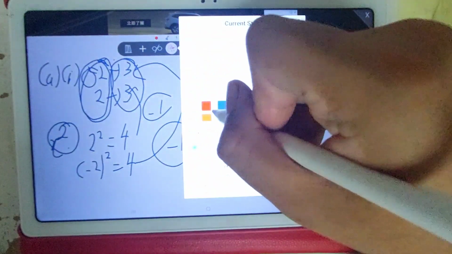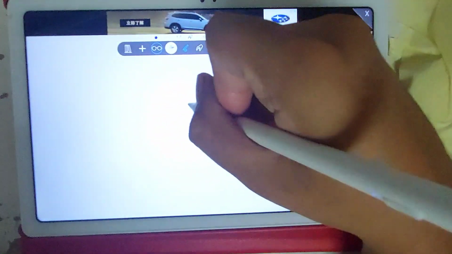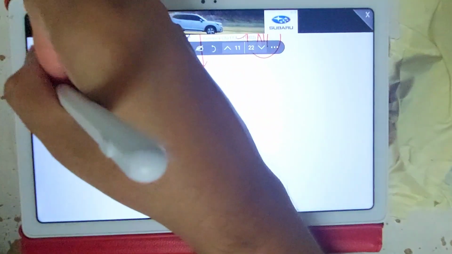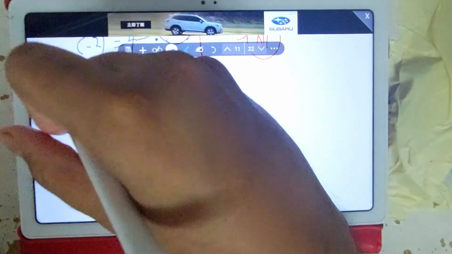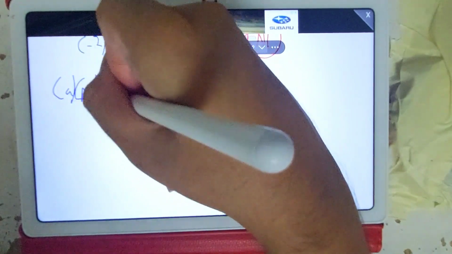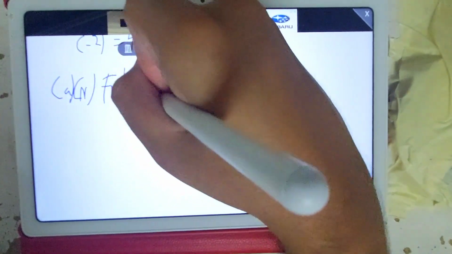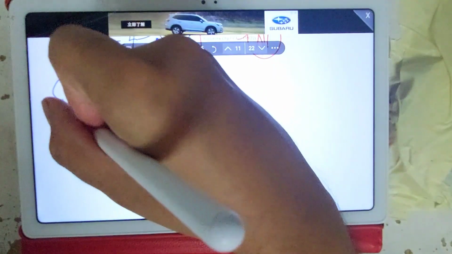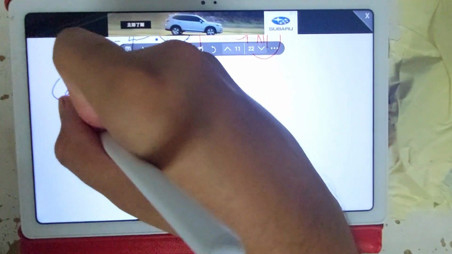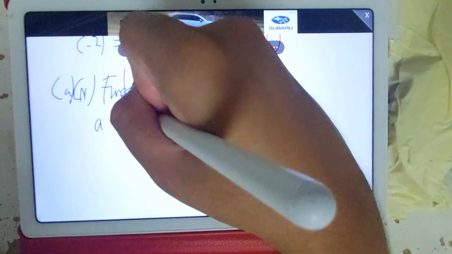So let's move on to A2. So A2, they said using function notation. So I need you to recall, I always mention this word in my videos. So you see they already put a question to you over here. So function notation will always have something like this.